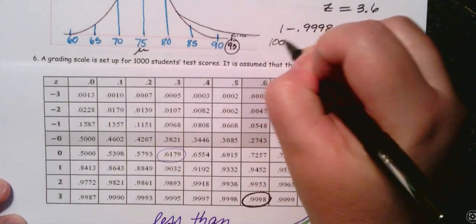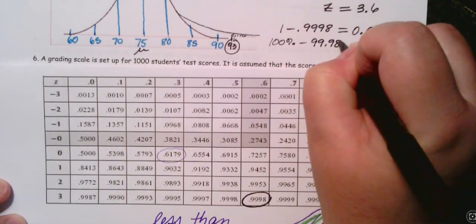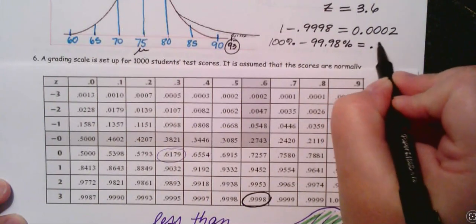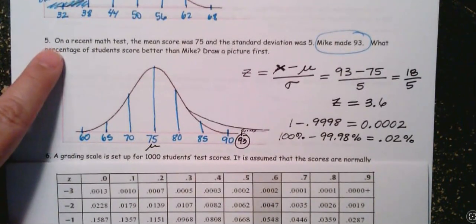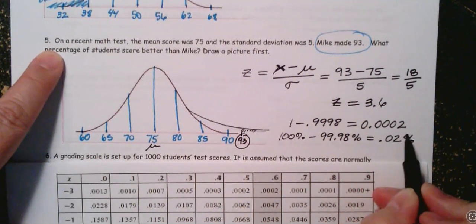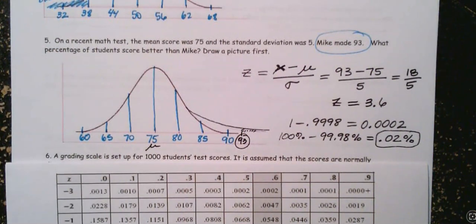We could say that's 100% minus 99.98%, which is, move the decimal twice, it's the same thing, 0.02%. They asked me for my answer as a percentage. Okay, so if I got this answer, I would then move the decimal twice and change it to this answer. And that is my answer. 0.02% of students scored better than Mike.